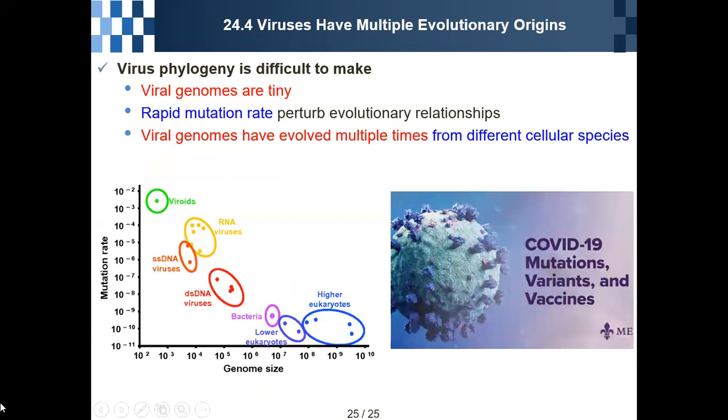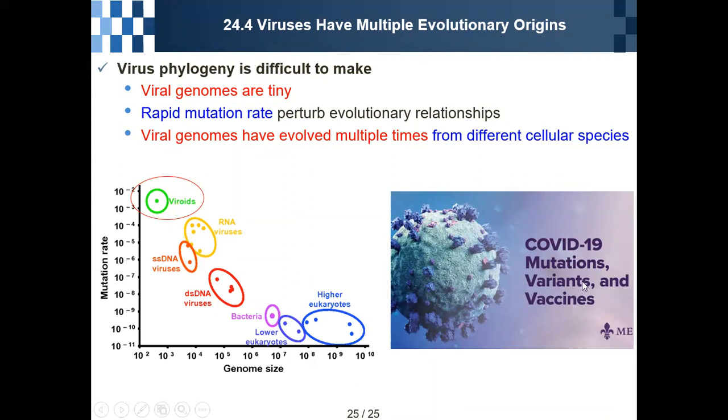Usually the x-axis is genome size and the y-axis is mutation rate. The viral genome is very tiny, but it has a higher mutation rate.